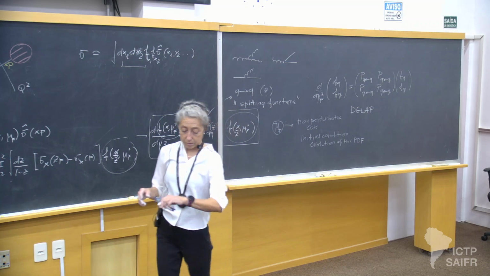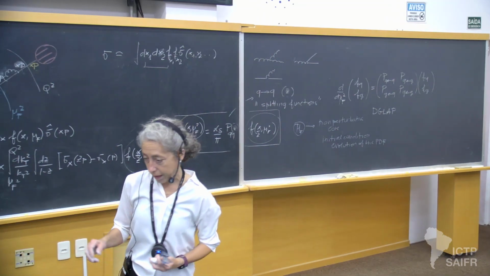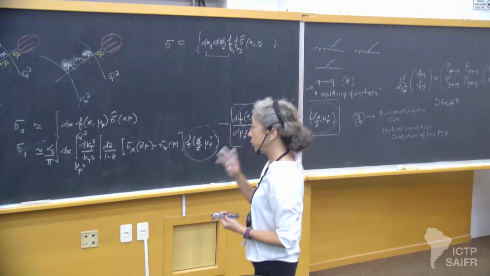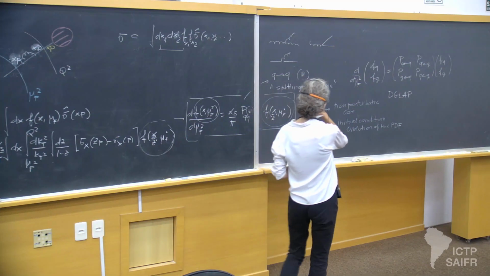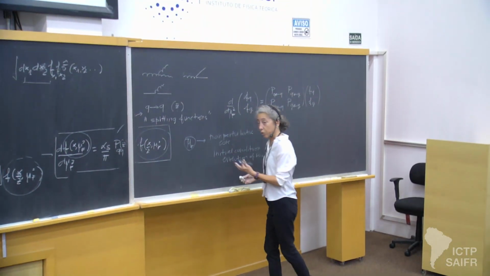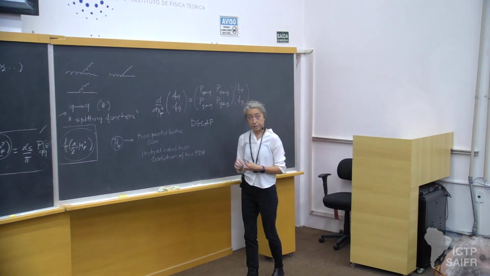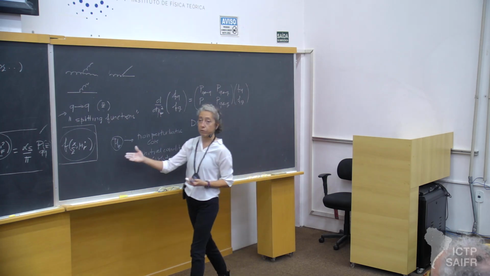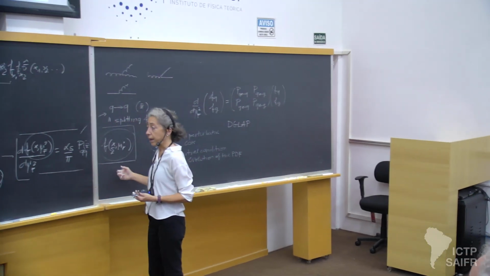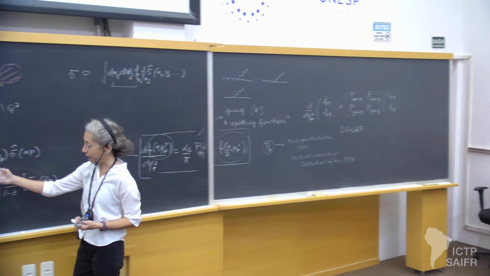Now, we are kind of running out of time, but I wanted to conclude by telling you how we control our knowledge of the PDFs. So we do control the perturbative evolution, because this is QCD. As you've seen, we have calculated these factors.